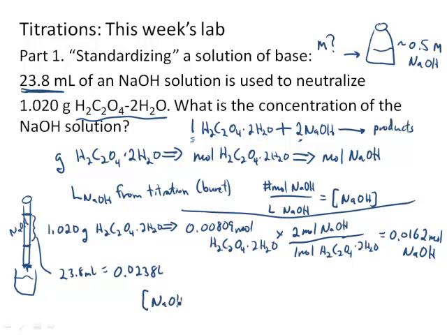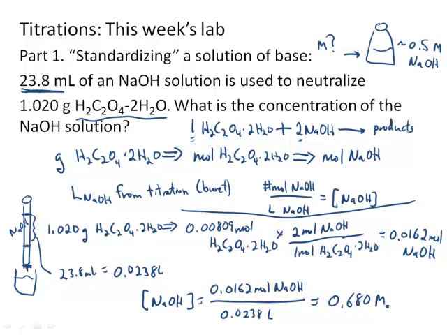So your concentration of NaOH is the moles over the liters, 0.0162 moles of NaOH divided by 0.0238 liters, and that comes out to 0.680, which is actually considerably more concentrated than the 0.5.